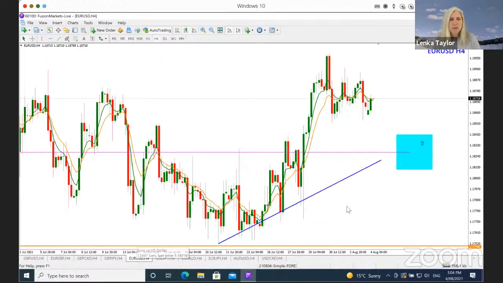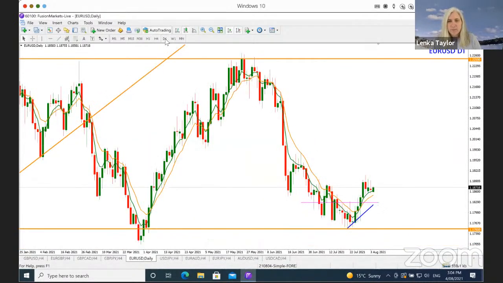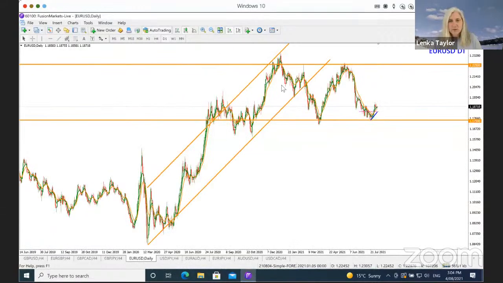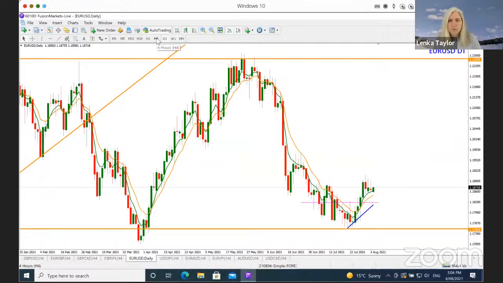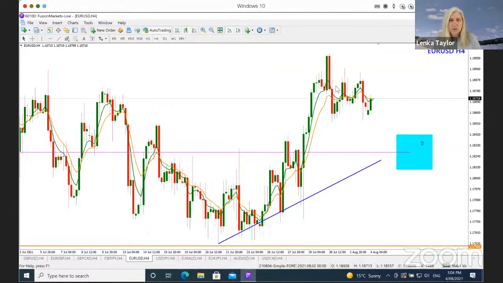Next currency pair I'm looking at is Euro USD. And this currency pair I'm looking for long. So it went up and now it's ranging in that area. So I'm looking for a further price to go up, but looking for pullback first, okay?